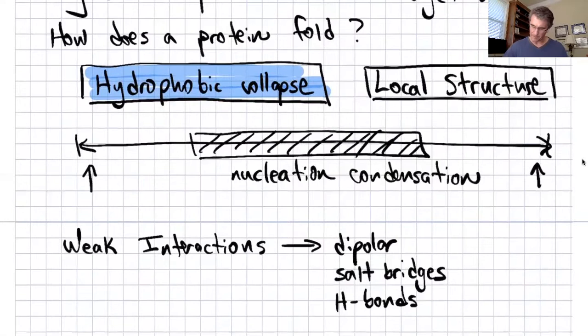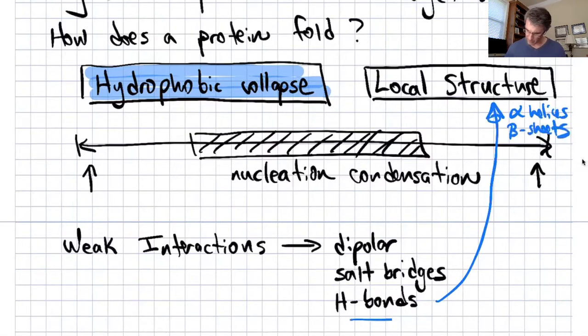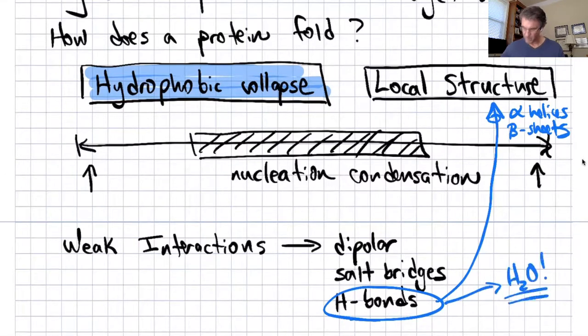And remember what it is that holds a lot of that local structure together: alpha helices, beta sheets, right? That's all held together by hydrogen bonds. Okay, well, here's the problem. Those structures are held together by a hydrogen bond that those same interacting groups, those backbone amides and carbonyls, can just as happily make with water, right?